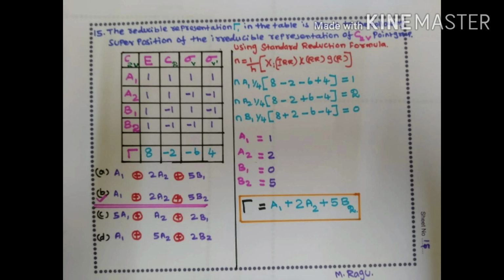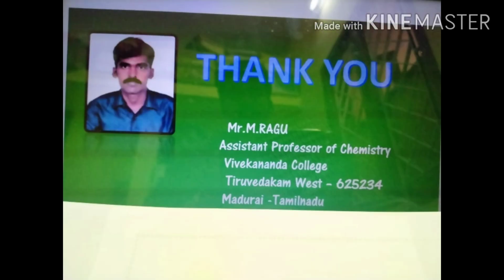For A2: 1 by 4, 8 minus 2 plus 6 plus 6, 12 minus 4, 8 divided by 4, so A2 is 2. For B1: 1 divided by 4, 8 plus 2 minus 6 minus 4 is equal to 0. So A1 is 1, A2 is 2, B1 is 0, B2 is 5. The answer is the irreducible representation A1 plus 2A2 plus 5B2, option B. Thank you.